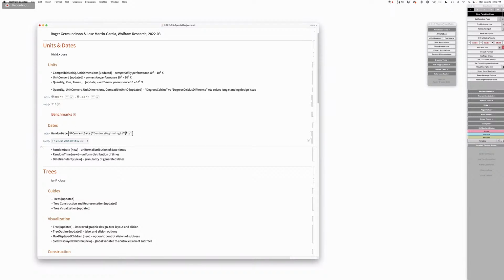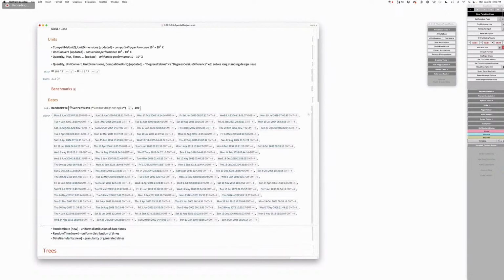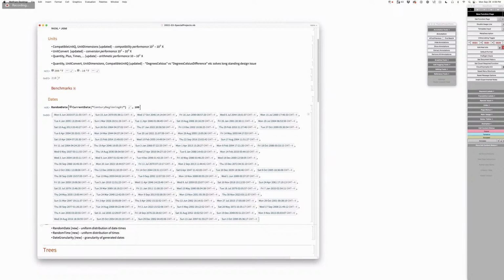All right, and if I say random date, okay, fine. Whatever. And random time is similar, I can say random time of today, and it'll be some random time today. Okay, fine. I assume that there are no interesting probability distributions for times.